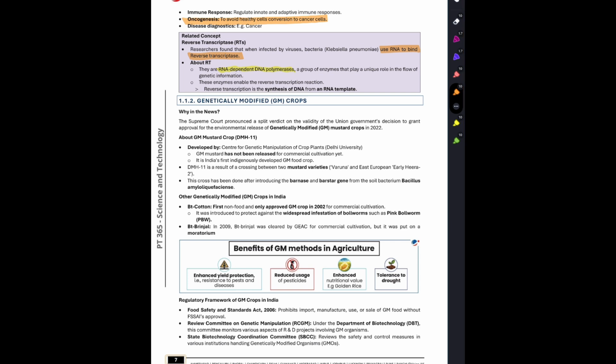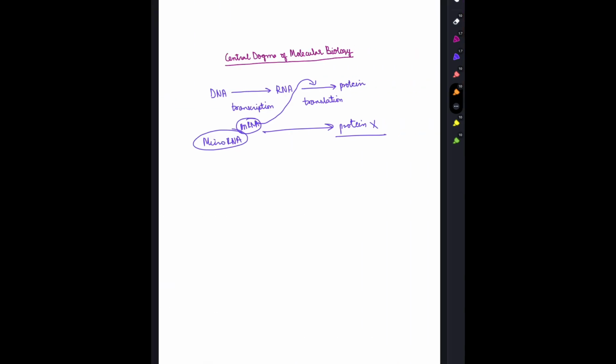These enzymes enable the reverse transcription reaction. Reverse transcription is the synthesis of DNA from an RNA template. So basically, it is this process from RNA to DNA, by reverse transcriptase.